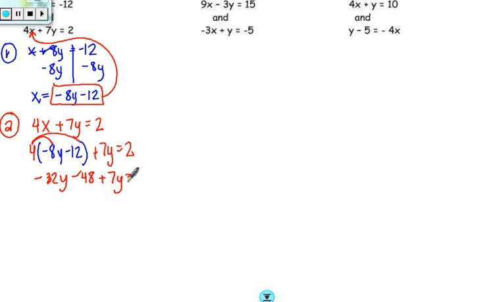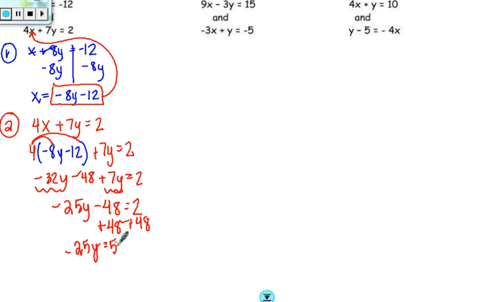Plus 7y equals 2. Combining our like terms, negative 32y plus 7y is negative 25y minus 48 equals 2. To solve this one, we add 48 on both sides. Negative 25y equals 50. When I divide by negative 25, we get y equals negative 2.